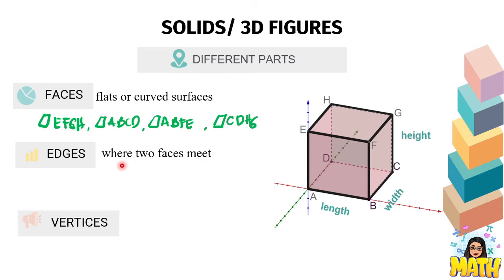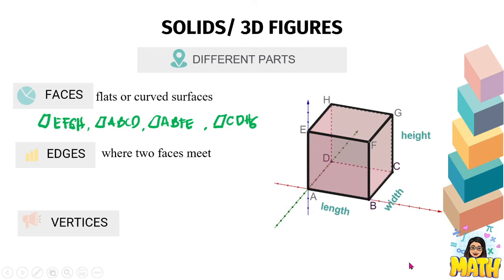Next, we have the edges. This is the location where two faces meet. Since yung mga faces ay represented by planes, and we know that when two planes intersect each other, they will form a line or a line segment. So edges are represented by a segment. For example, we have the top face and the front face.